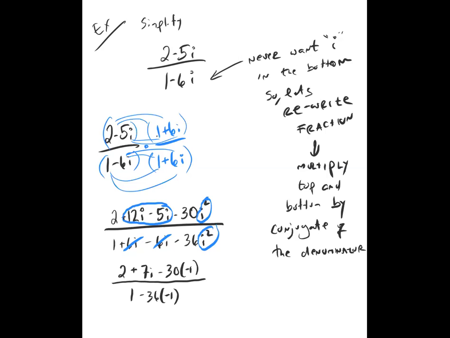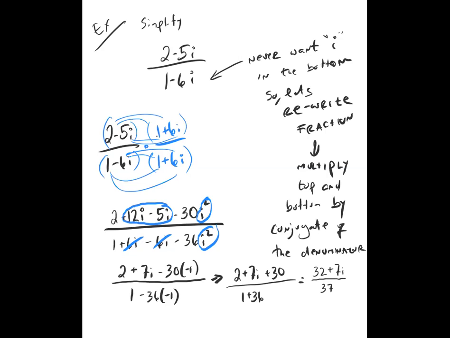And we can do a little bit more work here. 2 plus 7i plus 30 now, right, over 1 plus 36. And we want to be careful here. So we continue on here. What do we get? A 32 plus 7i over 37.